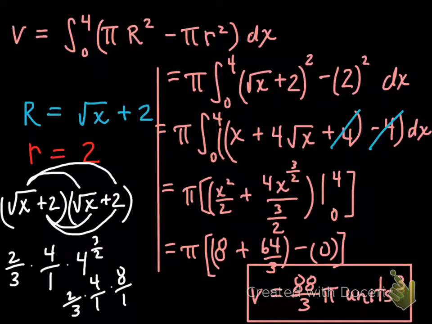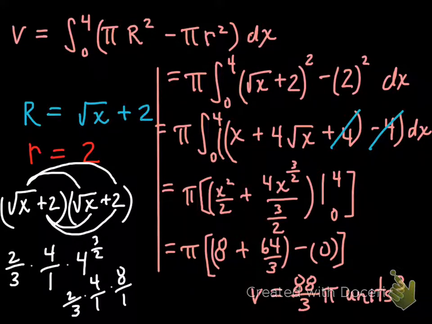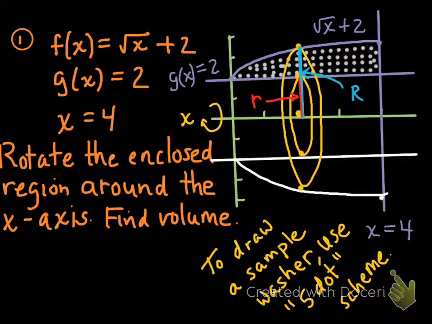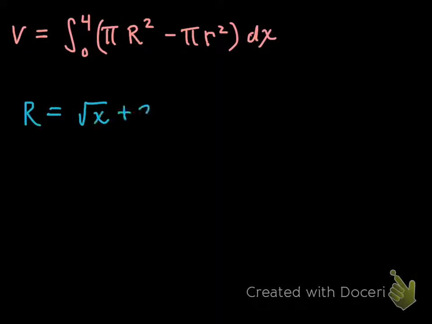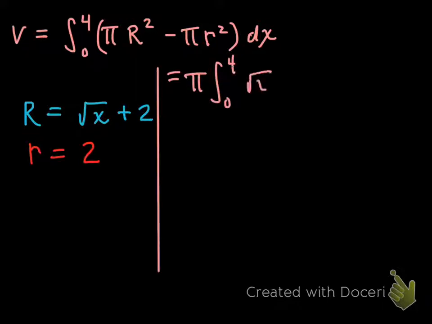So, again, let me catch us up. We've got the volume is going to be equal to the integral from 0 to 4, pi big R squared minus pi little r squared. We've got our big R and our little r. And we're going to factor out the pi, integrate from 0 to 4, root x plus 2 squared minus 2 squared.